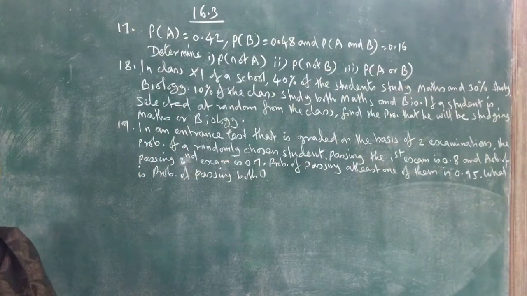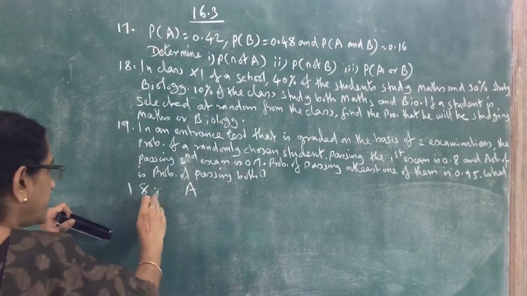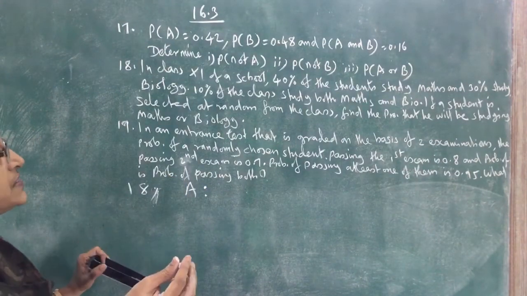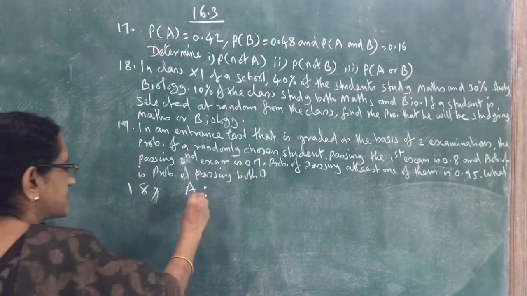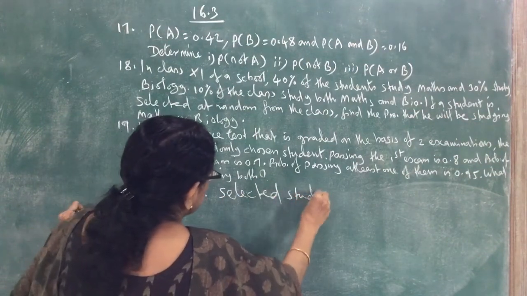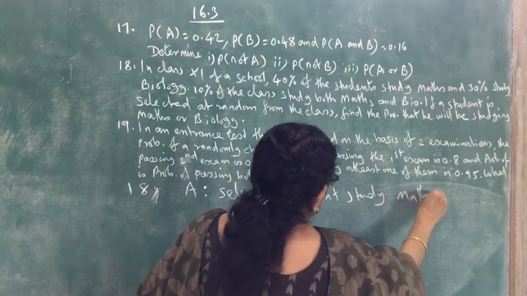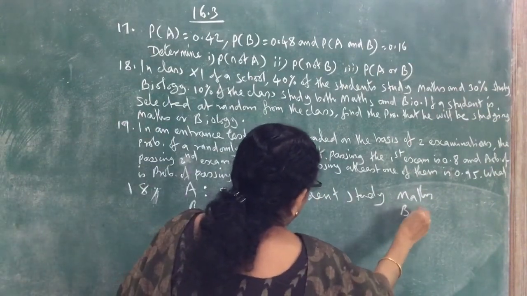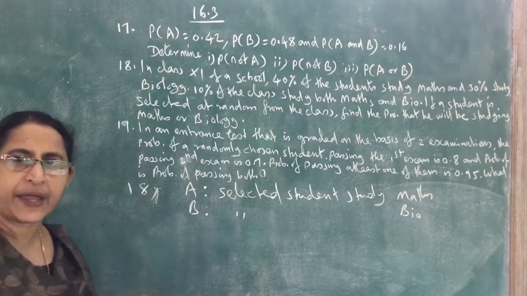So we can consider the event A. Let A be the event that the student selected from the class studies mathematics. B be the event that the selected student studies biology.